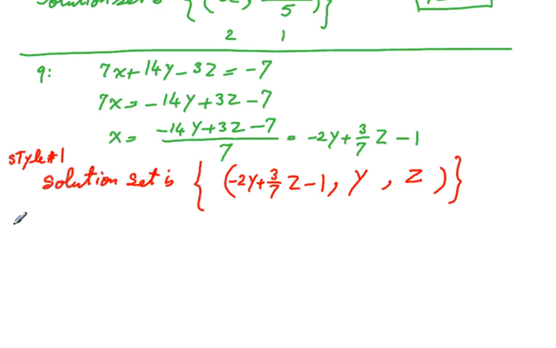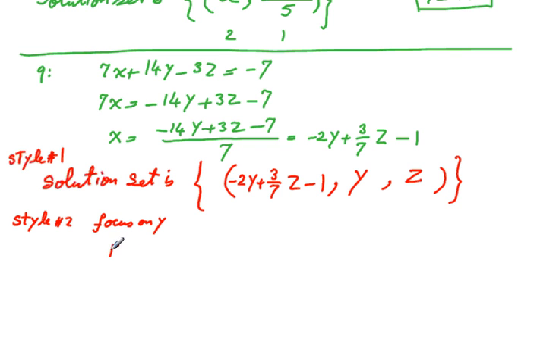But what else can I do? I could say focus on y. So we try to catch y while letting x and z be whatever you want them to be. So let's write that equation like this.